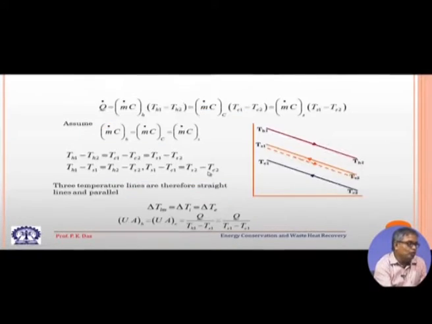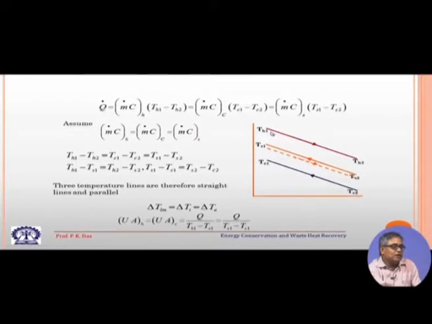If the heat capacity rates of the three fluid streams are equal, then, if we are considering counter current flow arrangement, for the hot end heat exchanger we get this kind of temperature change along the length of the heat exchanger, and for the cold end heat exchanger we get this kind of temperature change along the length of the heat exchanger.